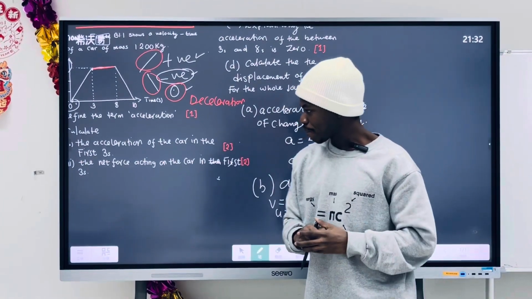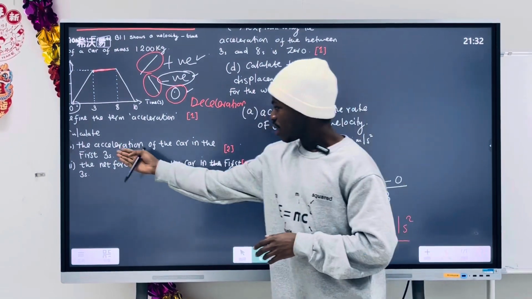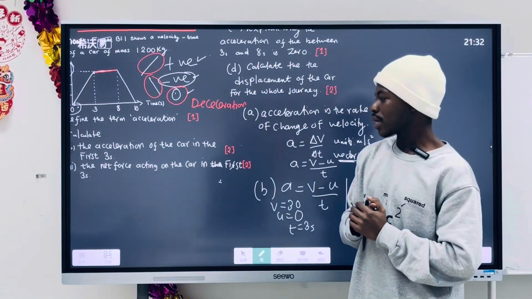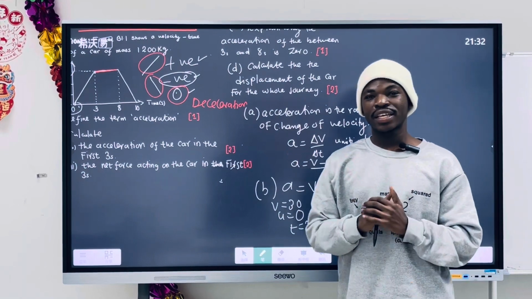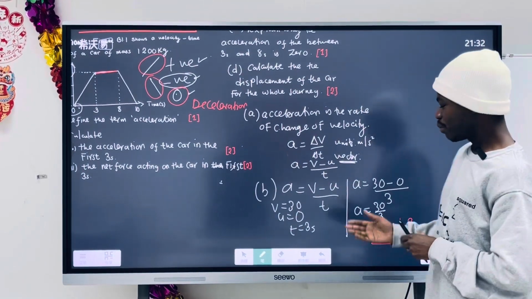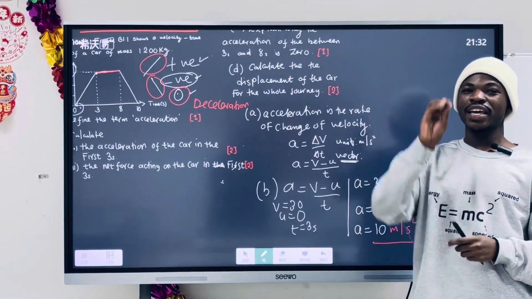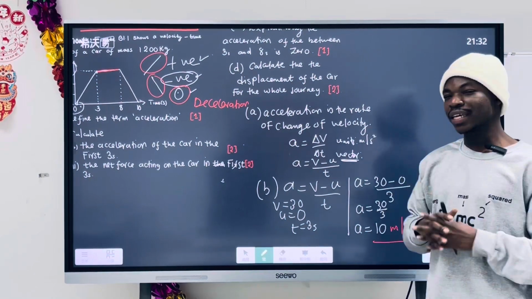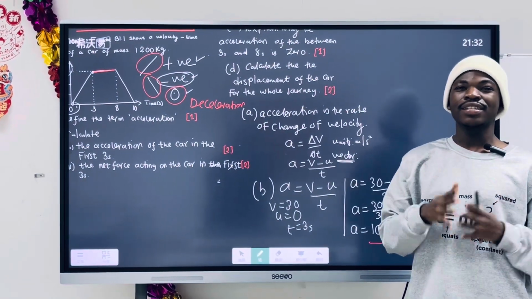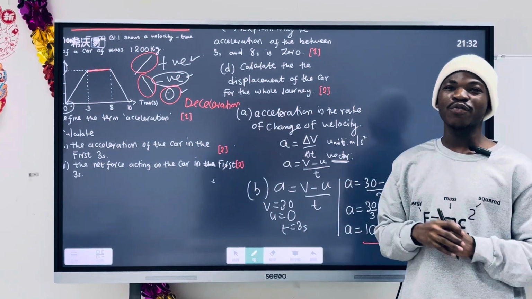Part B2 now says, calculate the net force acting on the car in the first 3 seconds. So for this body to accelerate, there must be a net force, there must be a force that is making it accelerate. This is in accordance with Newton's second law of motion.